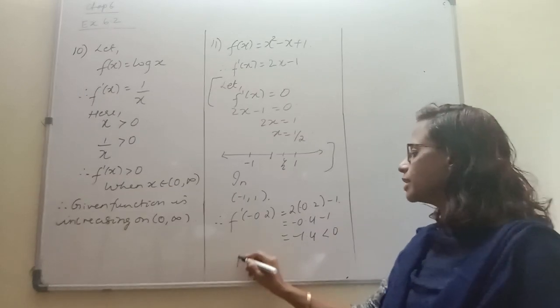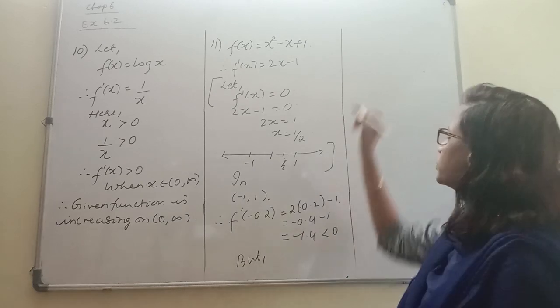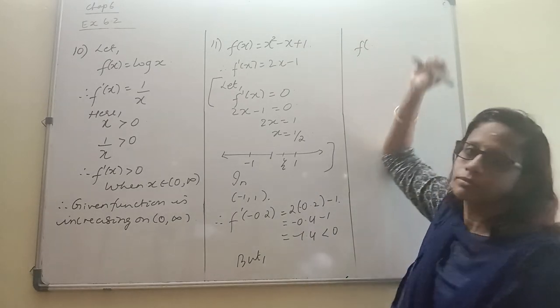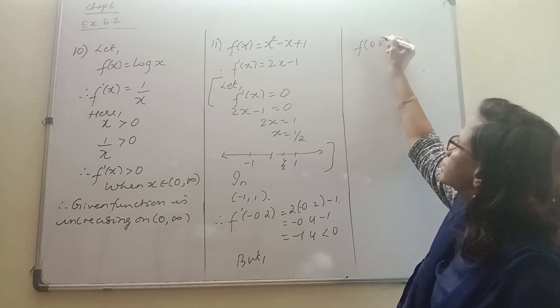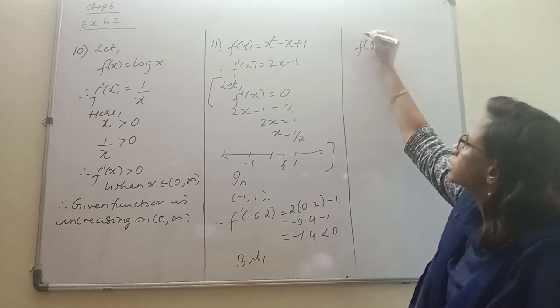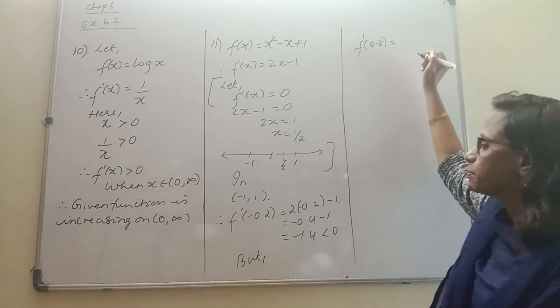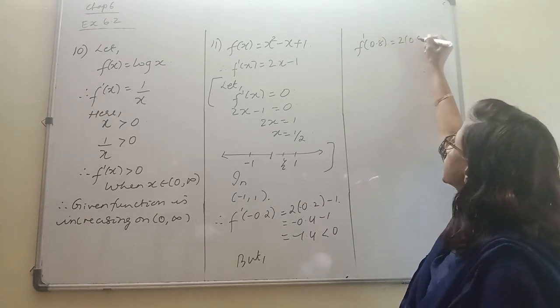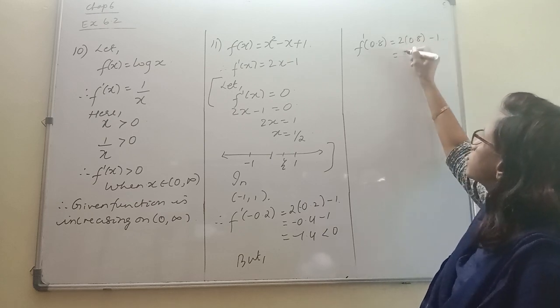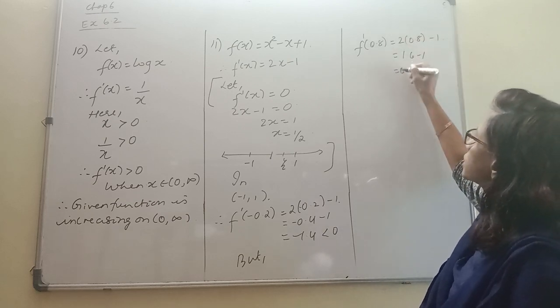But if we look at some other value, say 0.8, f dash is 2x minus 1, so 2 into 0.8 minus 1, which is 1.6 minus 1, which is 0.6, positive.